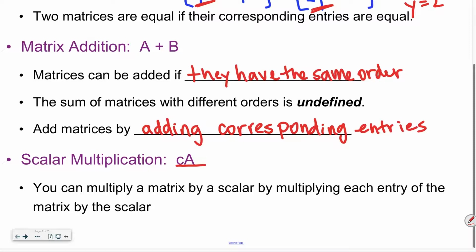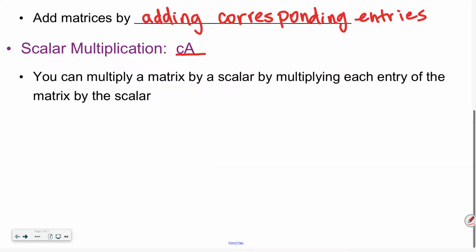C for constant. Okay, so you can multiply a matrix by a scalar by multiplying each entry of the matrix by the scalar. So if you have a number multiplied out in front, essentially you distribute it to every single entry.